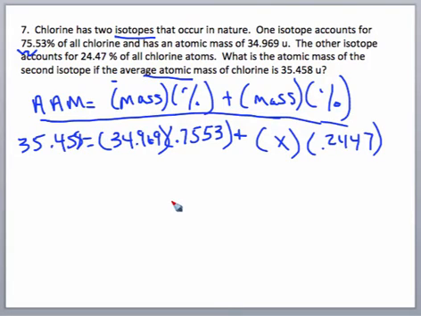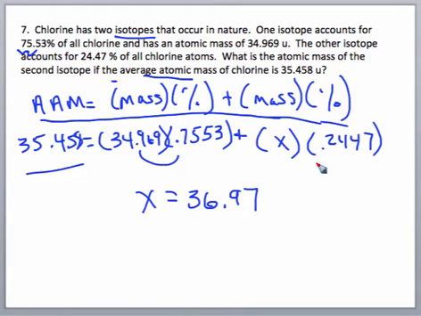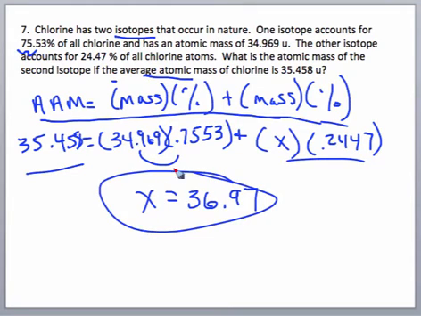So what we're going to do is the math here, and I'm going to save some time and just solve for x here, and you should get a value of 36.97. So I would multiply those two together, divide over here, and then do the division again. So again, if you want me to go through that math, just ask in class. Alright, let's move on.